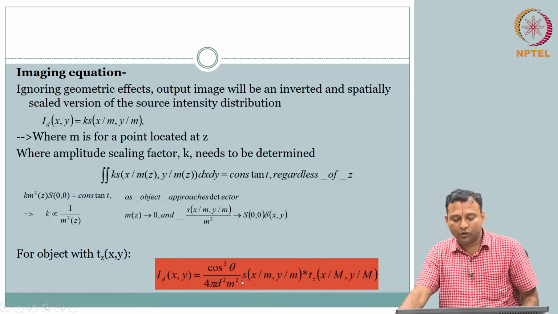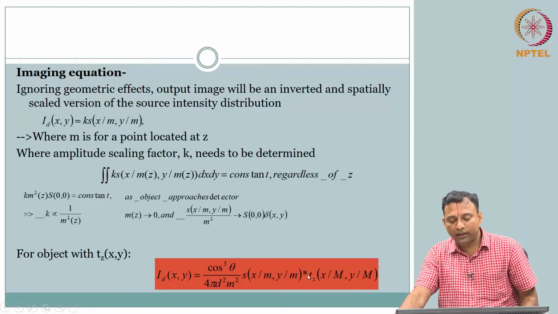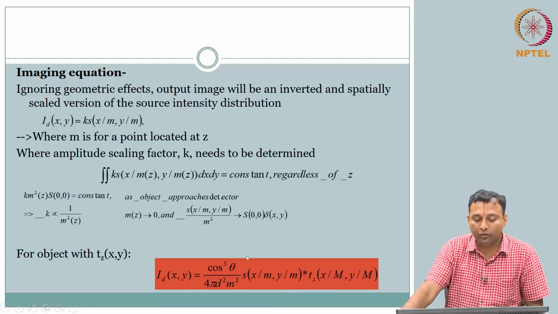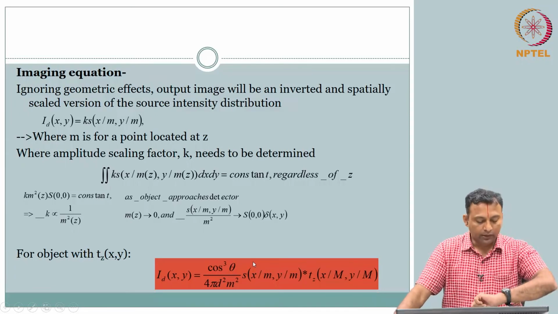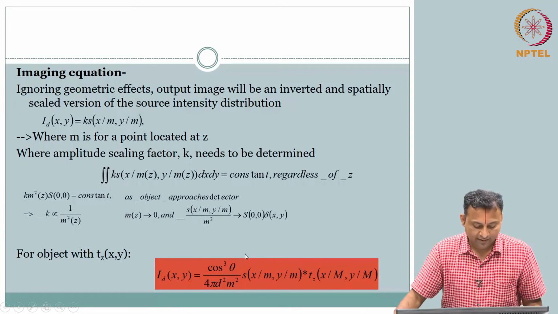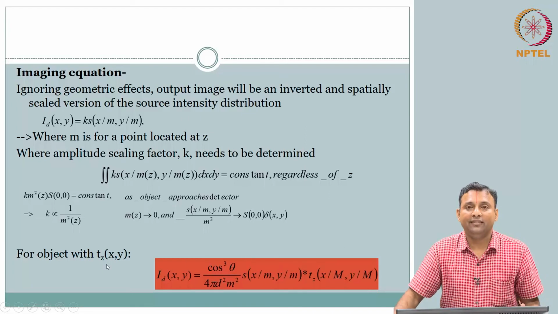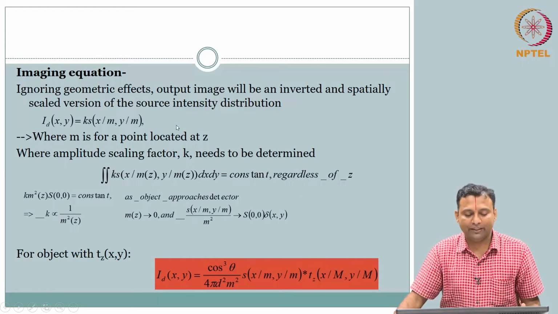M square s of x by m, the scaling magnification, convolved with, so this we got for a point, therefore we are convolving it with t z of x by capital M, y by capital M. So for one point, we can treat this as convolution. Clear? You see the advantage of using t z. We have just written the object, so it is convolved with the object. All these effects are incorporated.